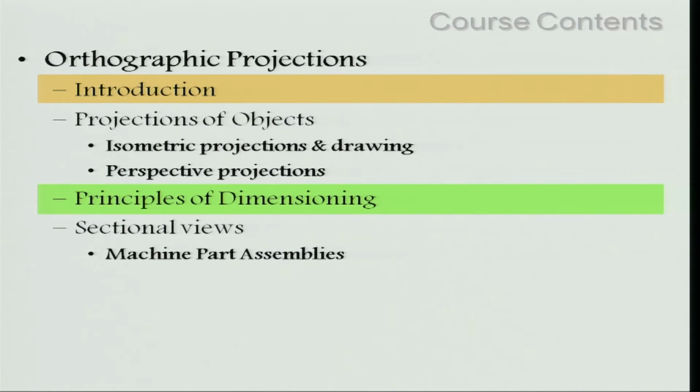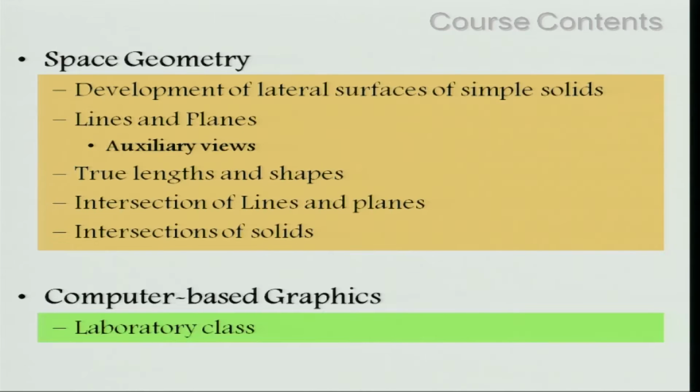Then the first part is orthographic projections. In this orthographic projections we will cover introductions, projections of objects, isometric projections and drawings, perspective projections, then principles of dimensioning, how to do the dimensioning of any object, sectional views, machine part, assemblies.